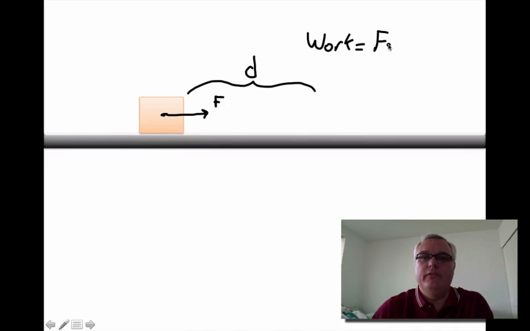And work is equal to force times distance. Work is an uppercase W. And if we were to look at the units, we would see that it's newtons times meters.